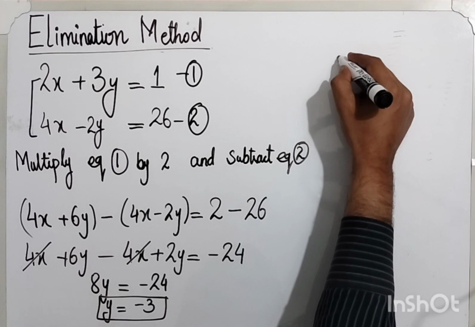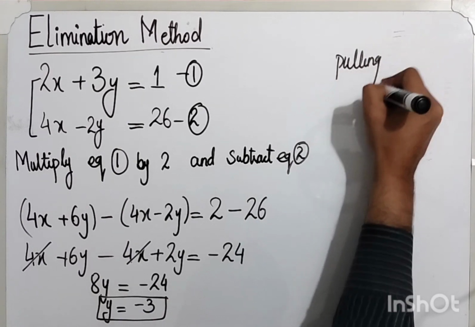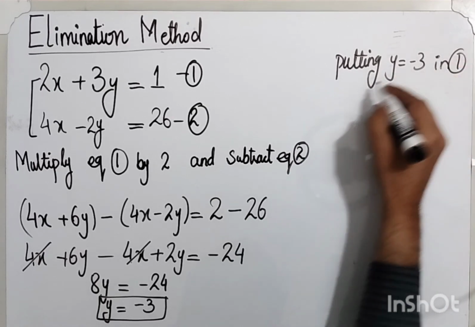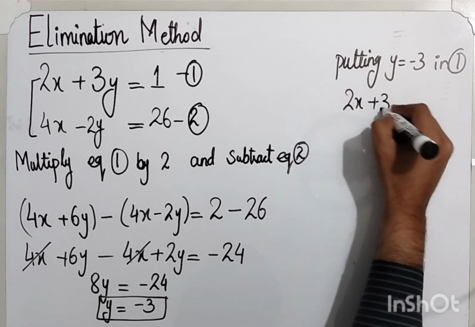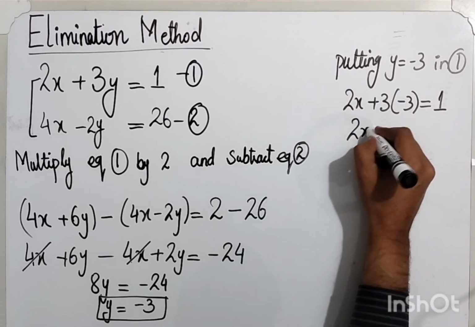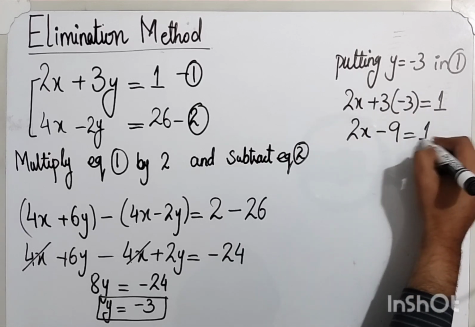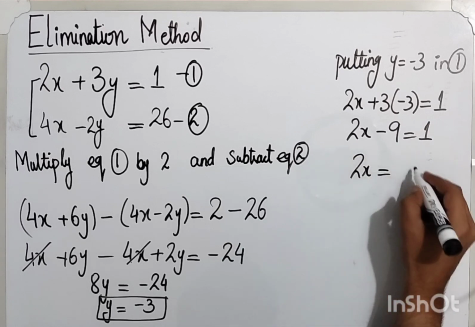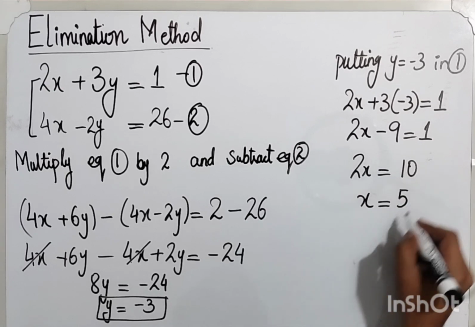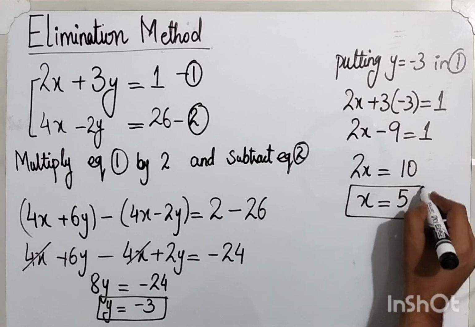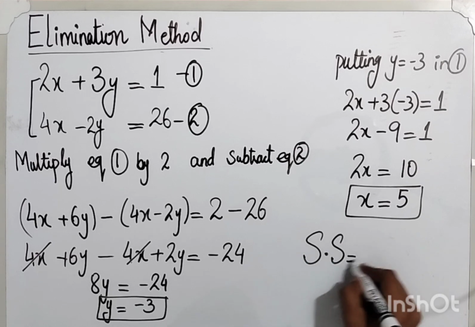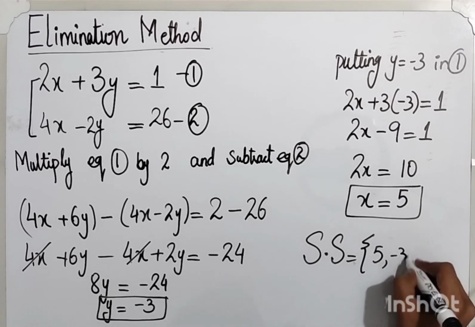Putting y equals minus 3 in equation number 1, we will get 2x plus 3 times negative 3 equals 1, which upon simplification gives us 2x minus 9 equals 1. Using the simplification method, we get 2x equals 10, and the final answer for x would be 5. So we have the value of x as 5 and y as negative 3. So the solution set is 5 and minus 3.